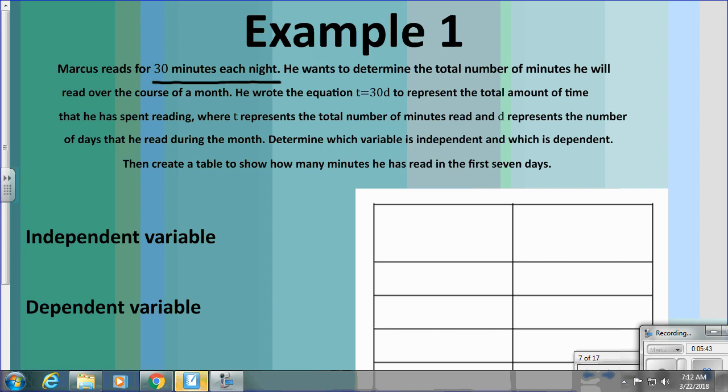He wrote the equation T equals 30D to represent the total amount of time that he has spent reading, where T represents the total number of minutes read, and D represents the number of days that he read during the month. Determine which variable is independent and which is dependent. Then create a table to show how many minutes he has read in the first 7 days.